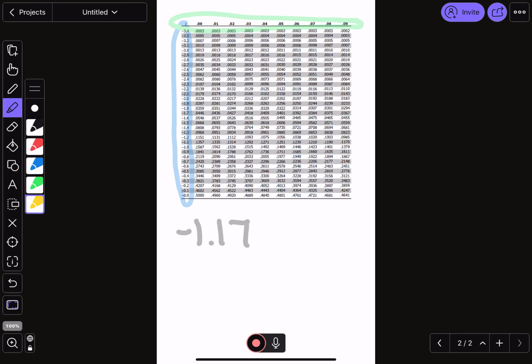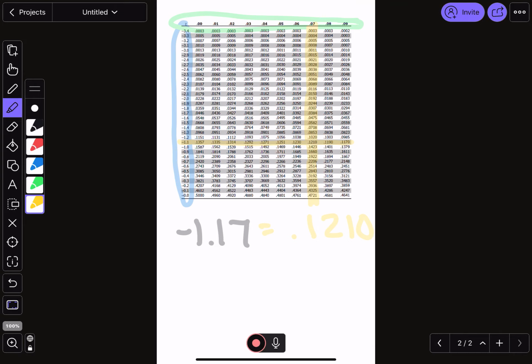So we are going to go to negative 1.7, which is here, and then we're going to go to 0.01, which is everything here. Okay, my overlapping is 0.1210. Okay, so let's make a note of that.